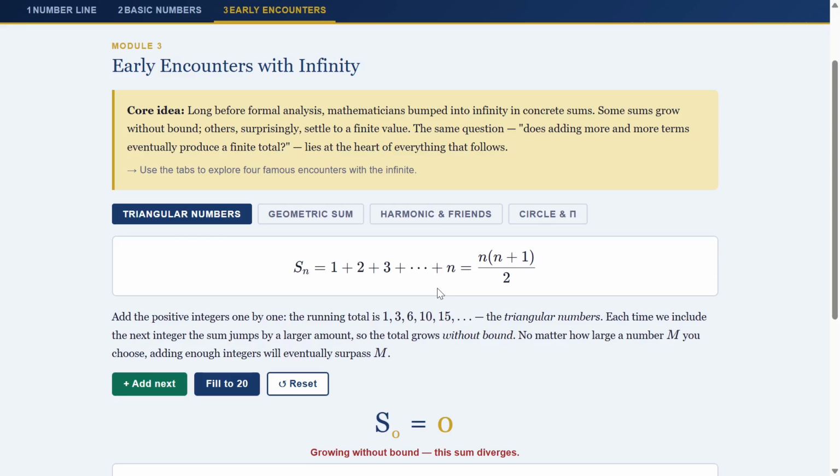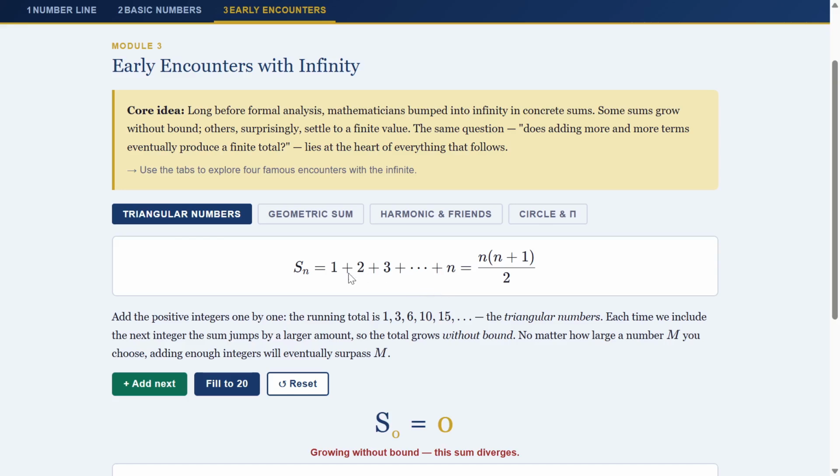Okay. Let's think about adding numbers together. And the simplest sum of numbers or series is the sum of the positive whole numbers or the positive integers.